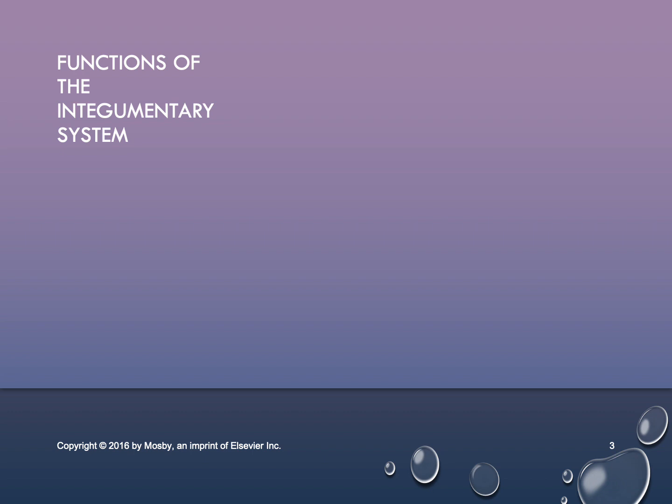So let's talk about the functions of the integumentary system. If you remember from before when I mentioned the integumentary system, I said it's our body's first line of defense. All right, so the body protects against harmful environmental elements.